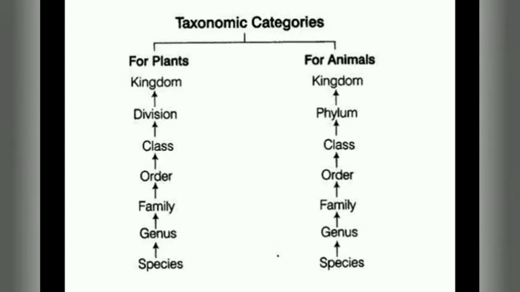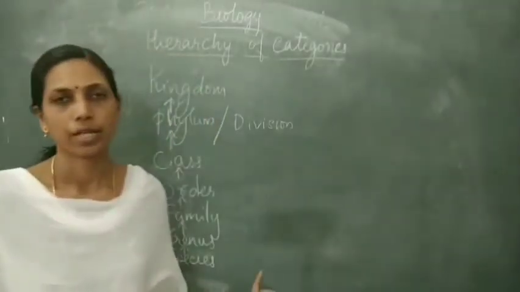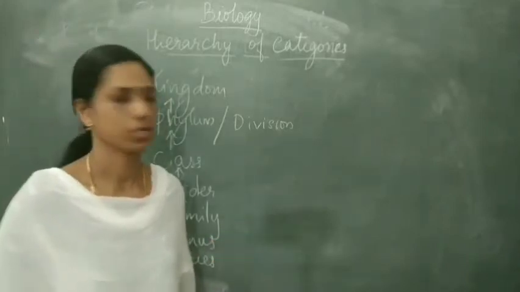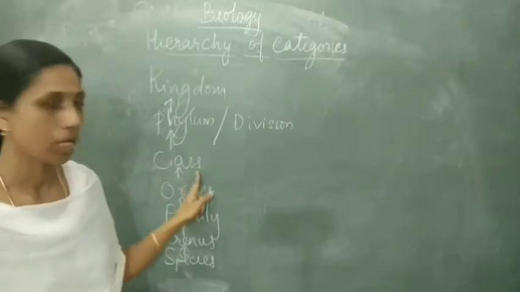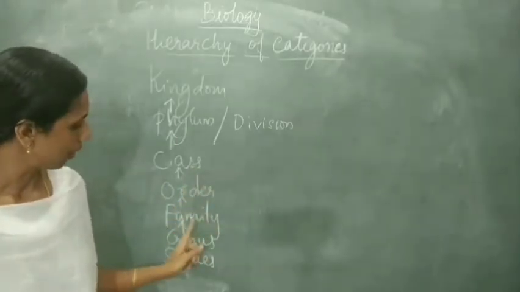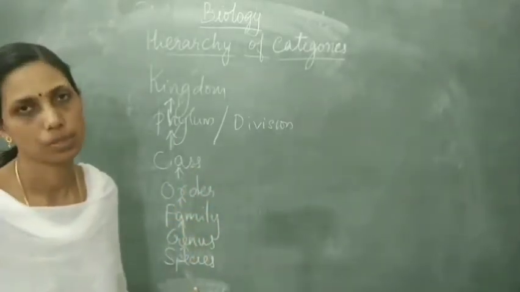As we move from species to kingdom, the similarity decreases. Similar characters are lesser and lesser. So these are the taxonomic categories, showing the hierarchy of categories from kingdom to species. The highest category is called the kingdom, then phylum, class, order, family, genus, and species.